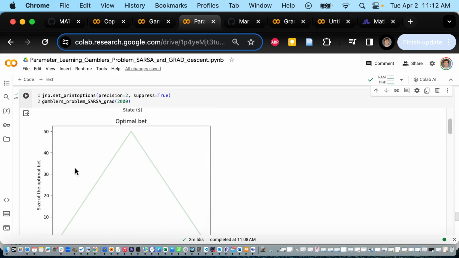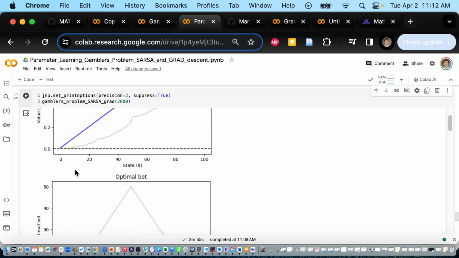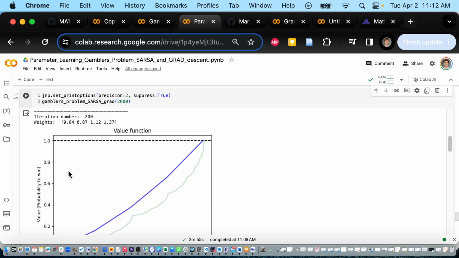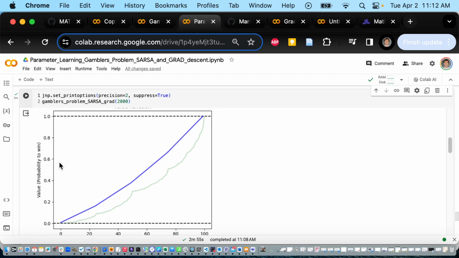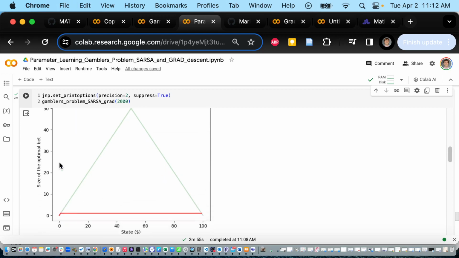So again, the optimal bets are calculated just automatically using the value function. And there's a little history that shows us how close we're getting. So here is after 200 episodes, I have updated a little bit, and you see it's bent in a bit. So trying to get a little bit closer, and it still thinks the optimal bets are always to bet 1.